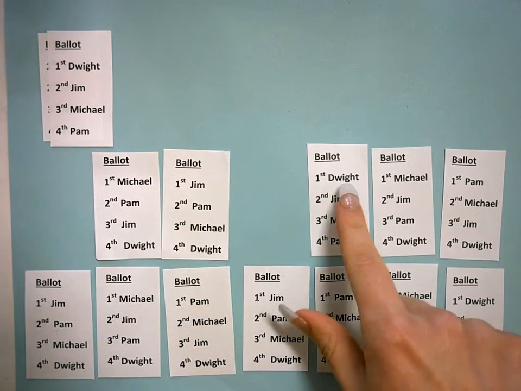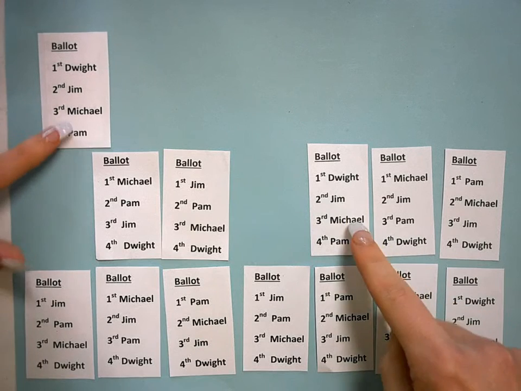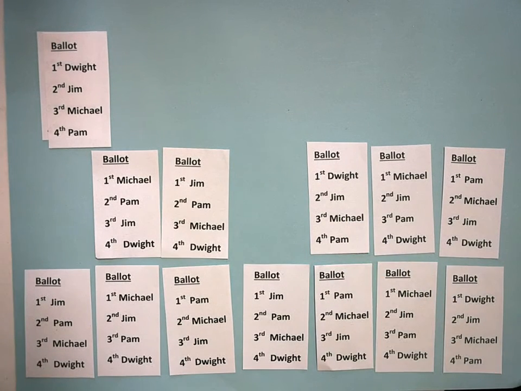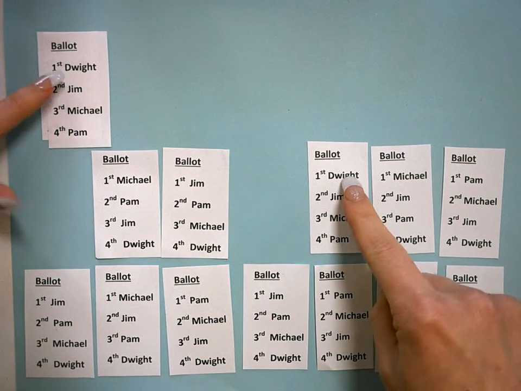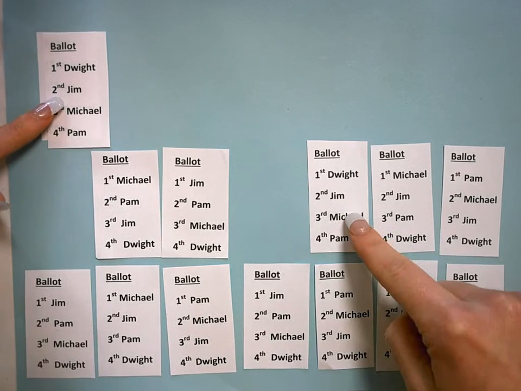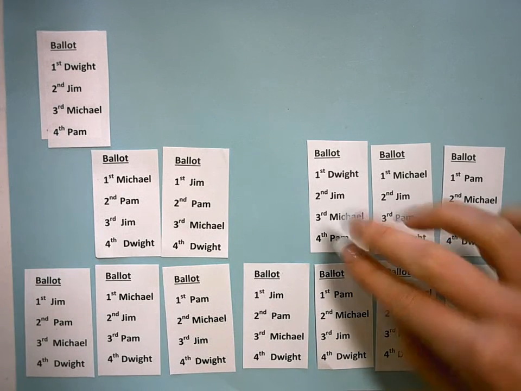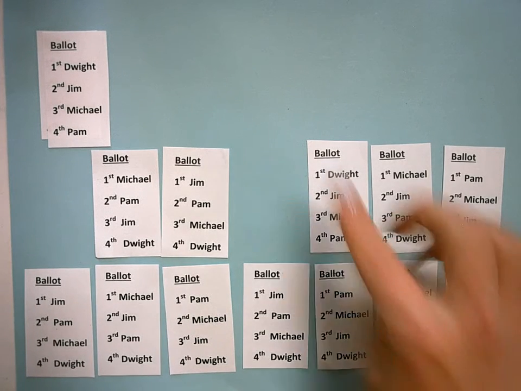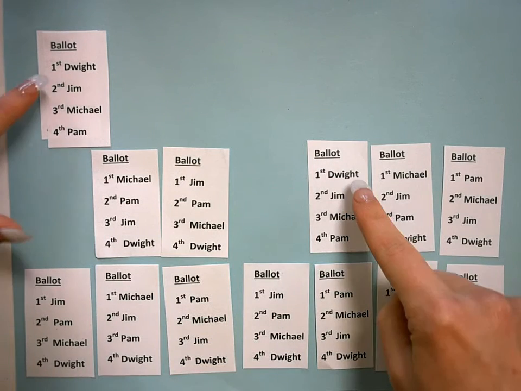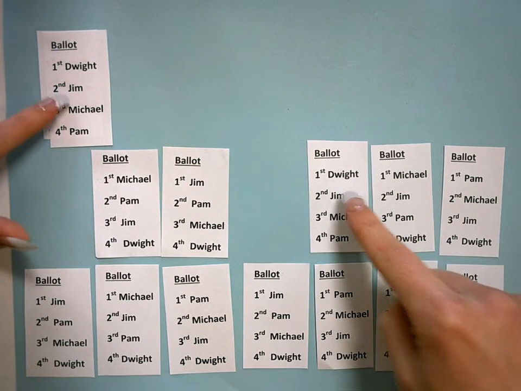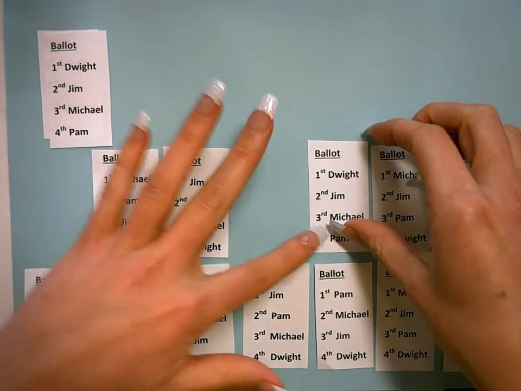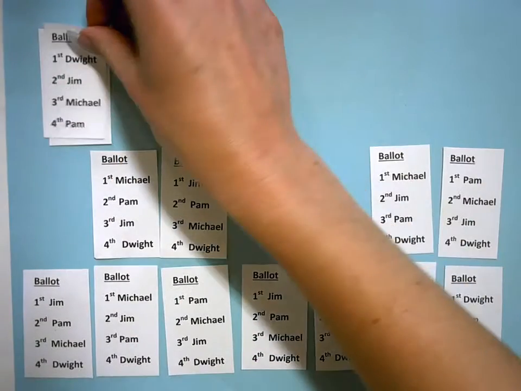And then I'm just going to keep going. Oh, here's another: Dwight, Jim, Michael, Pam. This is exactly the same. However, if it was Dwight, Jim, Pam, and then Michael, if those 2 were switched, it wouldn't be exactly the same and it couldn't go into this group. So you have to pay attention, and every single one of the preferences has to be the same from first through fourth.